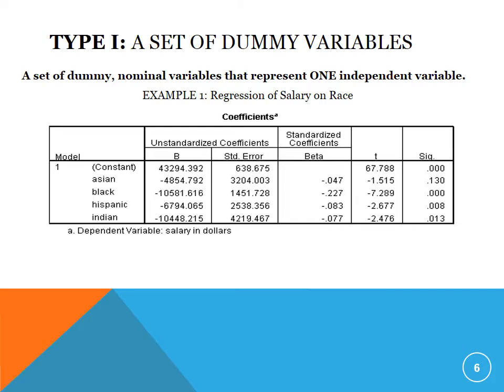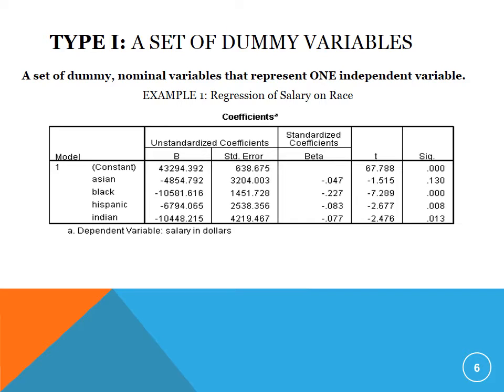That means that as race increases by 1, salary increases by whatever that number would be for your regression coefficient. And logically that makes no sense, right? So race cannot increase by 1. I mean, it could, but what does that ultimately mean?